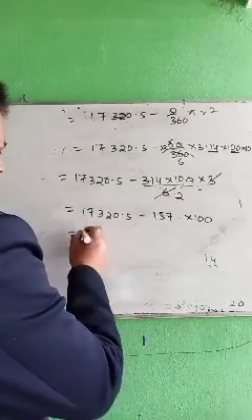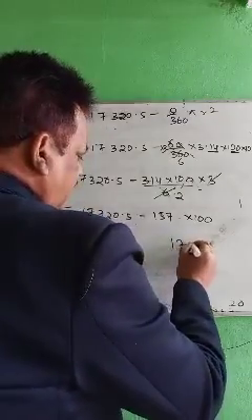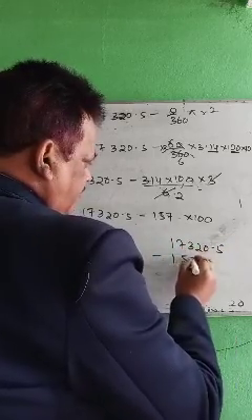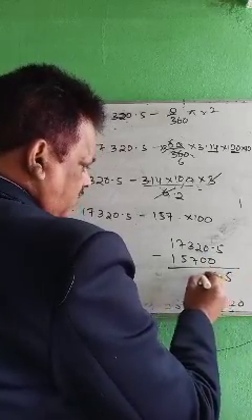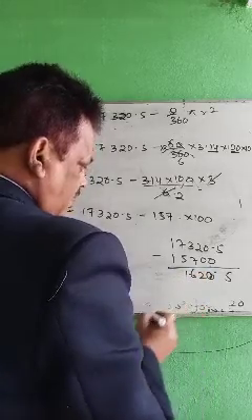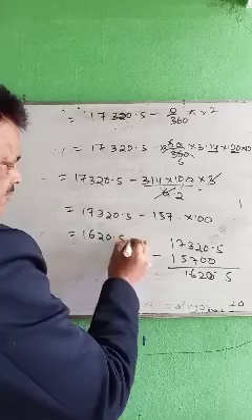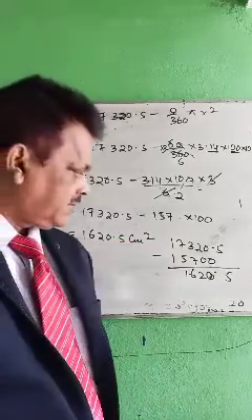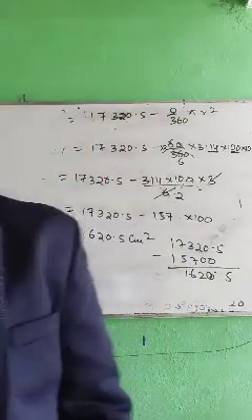So 17320.5 minus 15700 minus 0.502, that is 1620.5. I think correct. Okay, see the next question.